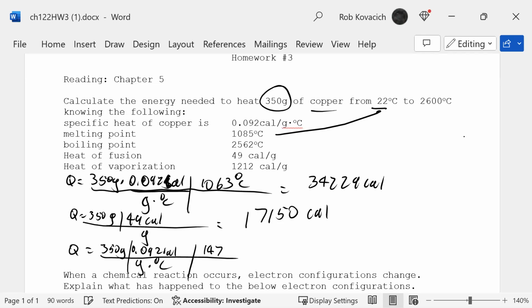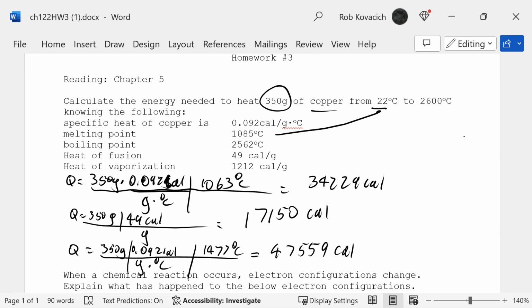So that's 1477 degrees C. All right, so 350 times 0.092 times 1477. So 47,559 calories. Okay, so we've taken it from freshly melted copper up to the boiling point of copper.